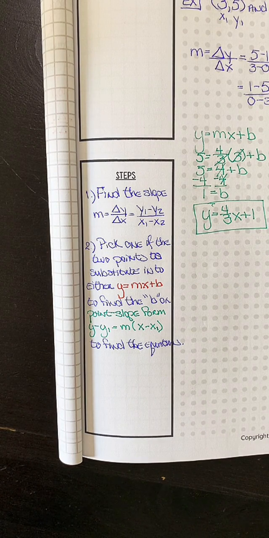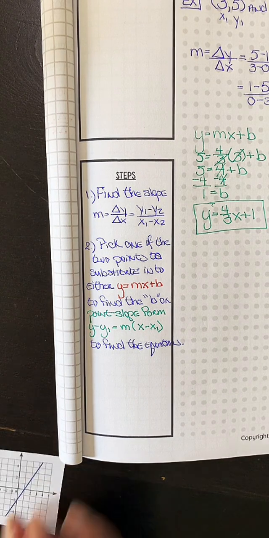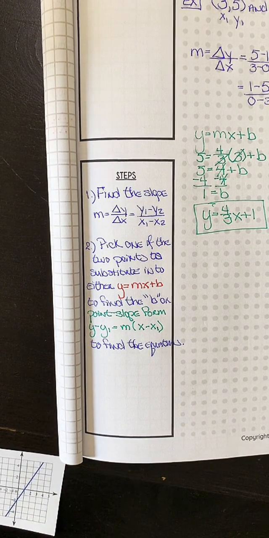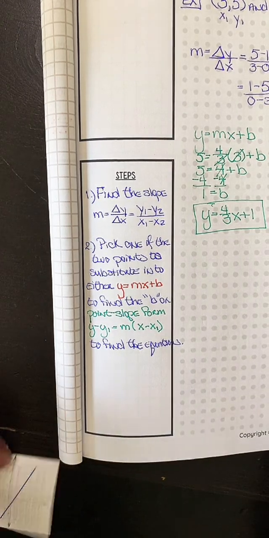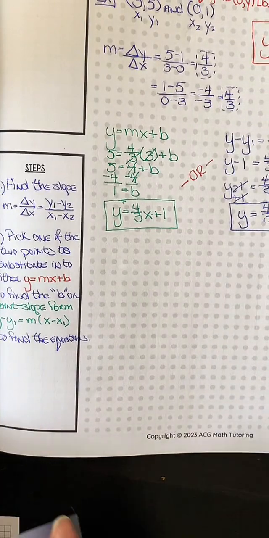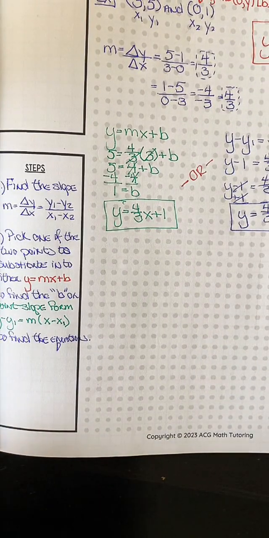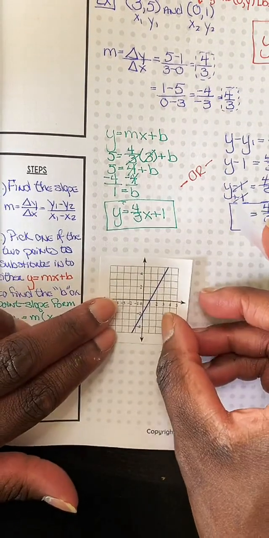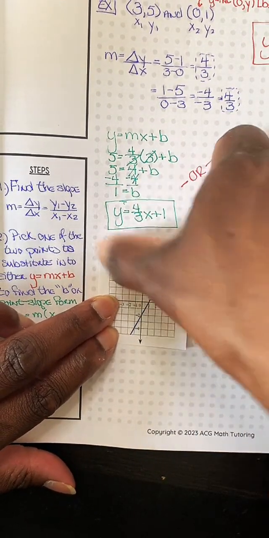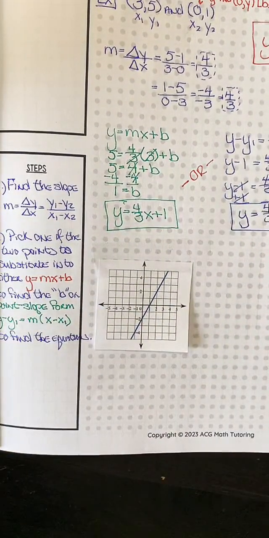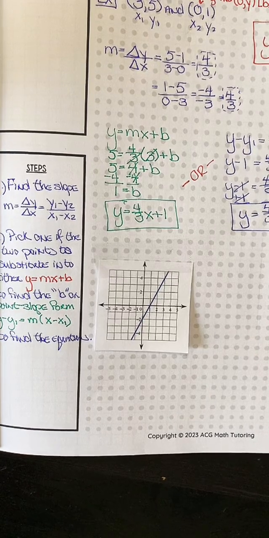As promised, let me do a couple of these graphs, and I just want you to tell me what is the equation of the line. So we got this one. I'm going to put them up one at a time.